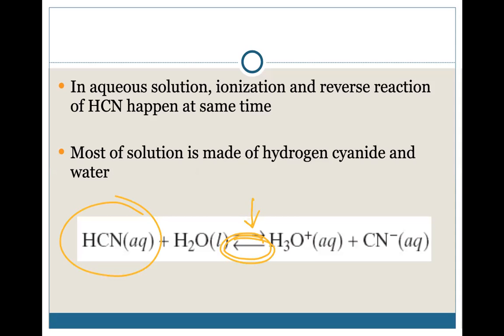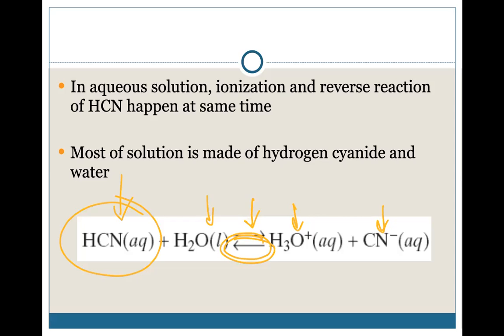So at equilibrium, once both forward and reverse reaction rates are equal, you're going to have specific amounts of HCN, H2O, H3O+, and CN-. And probably we won't get to it this year, but when we talk about equilibrium, it'll make more sense as well.